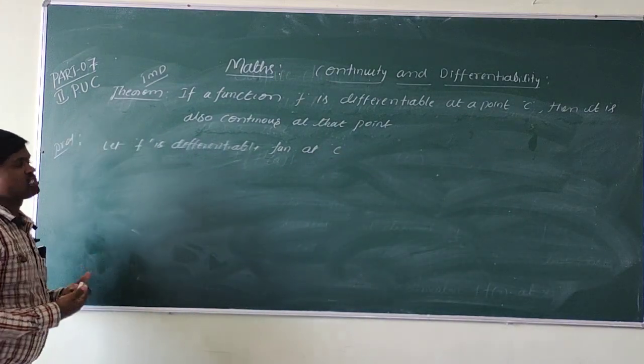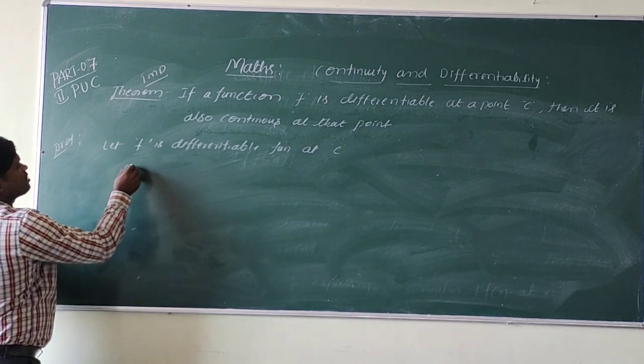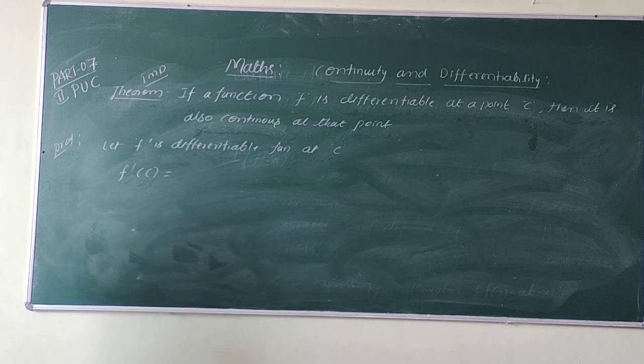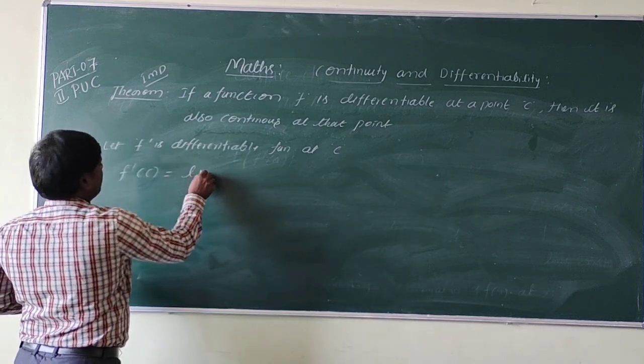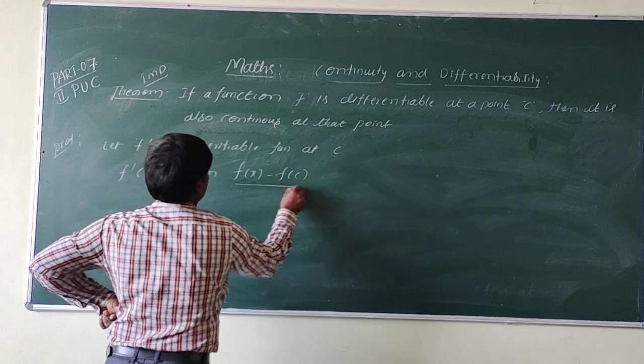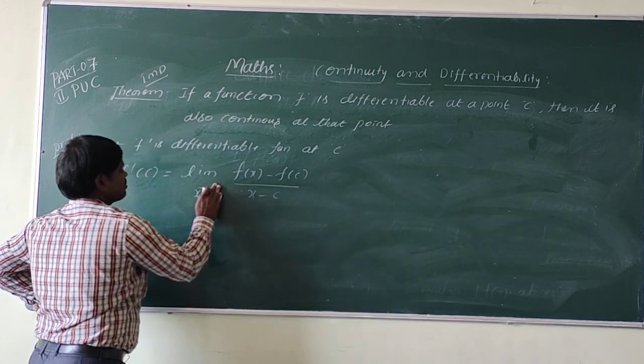We know the function is differentiable by the definition of differentiability. So f dash of c is equal to the limit of f of x minus f of c divided by x minus c as x tends to c.